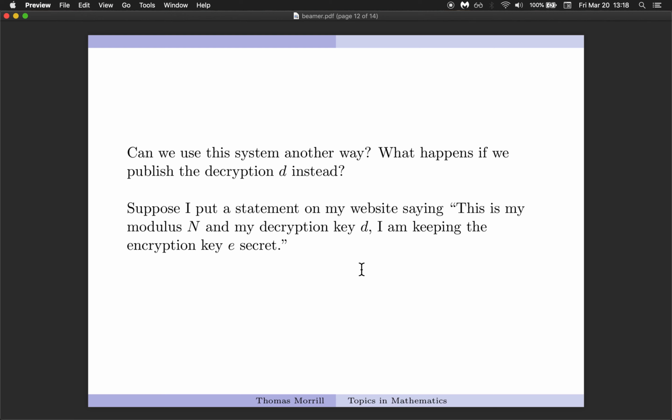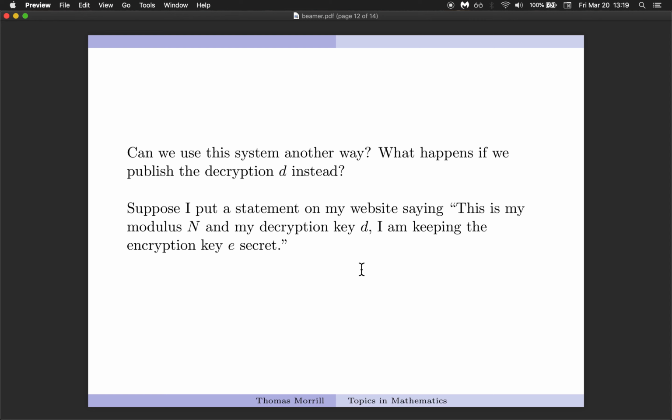What this looks like is I can put a statement up on my website, and I say exactly what my public information is. I say, this is my modulus n, this is my decryption key, D, and I'm keeping the encryption key, E, a secret.